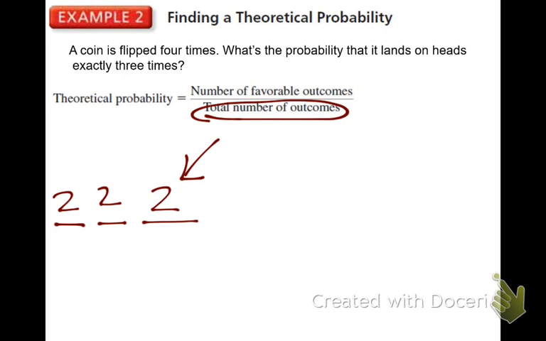And the fourth time you flip the coin, still 2. So how do I find out how many outcomes there are? Multiply them. So 2 times 2 times 2 times 2 is 16. There are 16 total outcomes. That could include flipping heads all 4 times, flipping tails all 4 times, and so on. Are we all tracking the total?